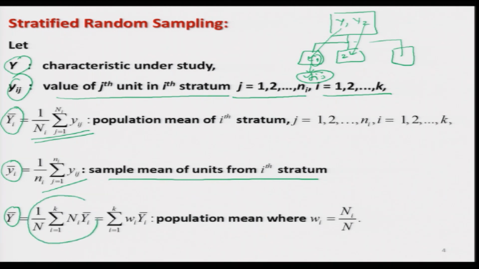This weighted arithmetic mean is given by 1 upon capital N, summation I goes from 1 to k, Ni y bar I. I can write this as summation I goes from 1 to k, Ni upon N times y bar I. This Ni upon N I denote by Wi.